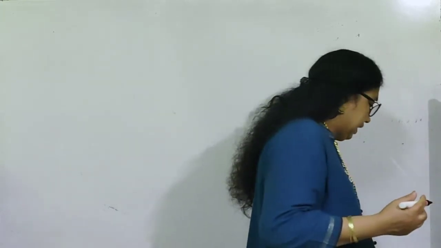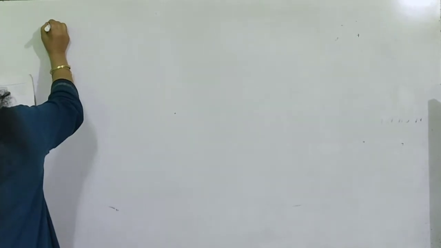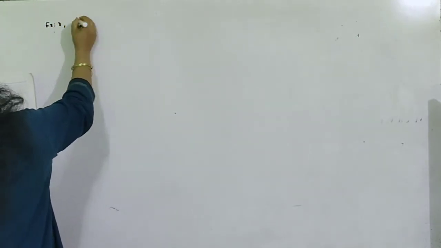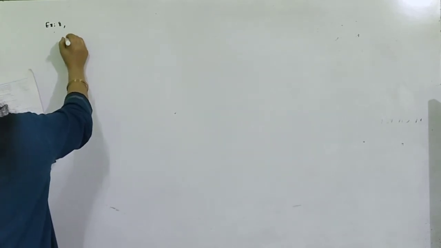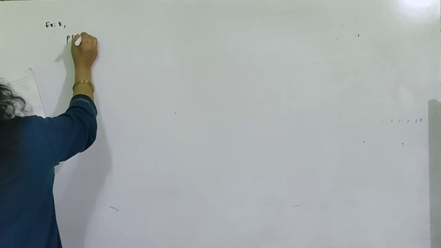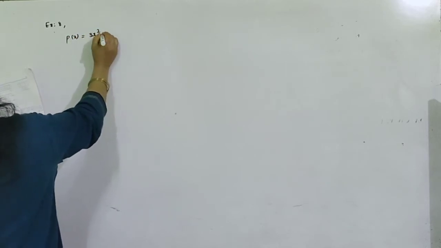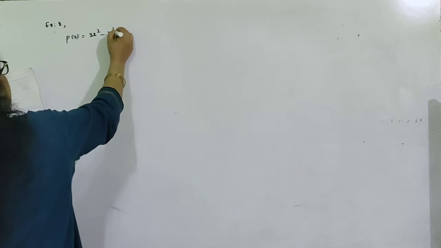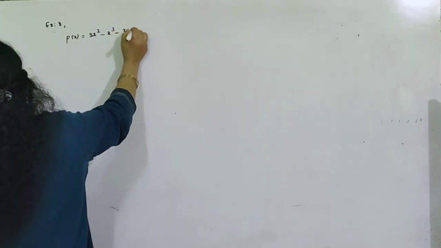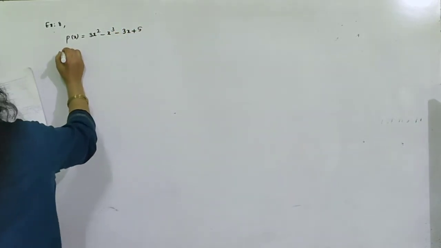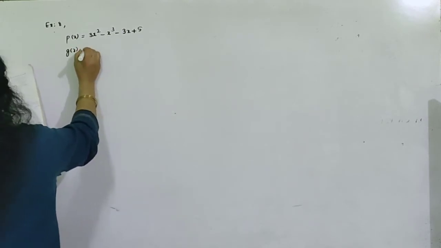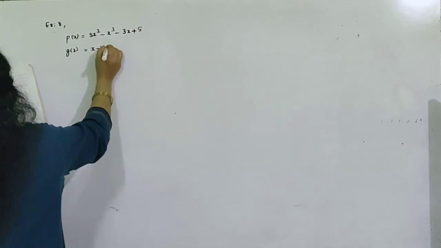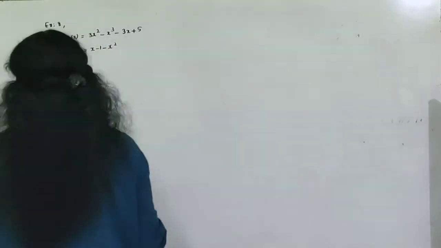On that same page, example 8. Divide: given p of x is 3x square minus x cube minus 3x plus 5, divide that by g of x, the divisor, which is x minus 1 minus x square.